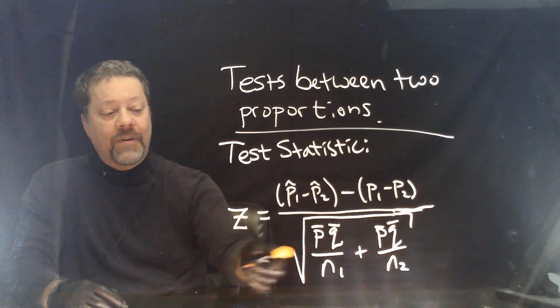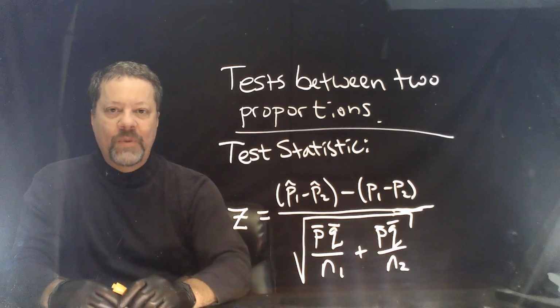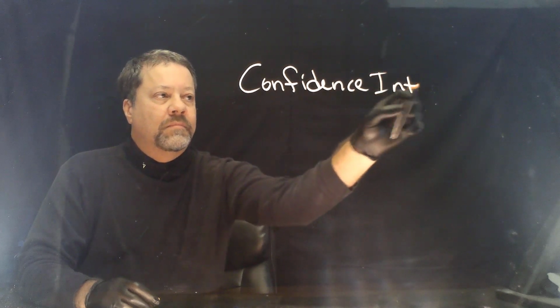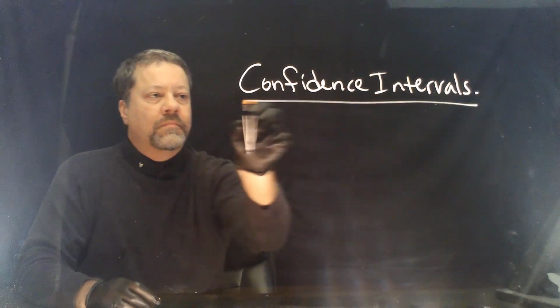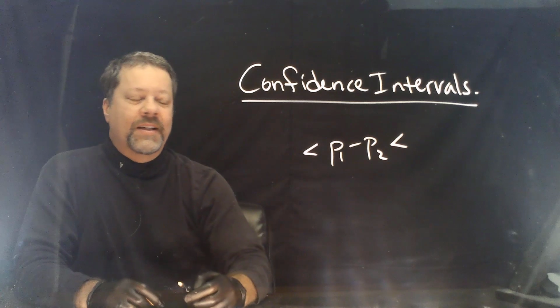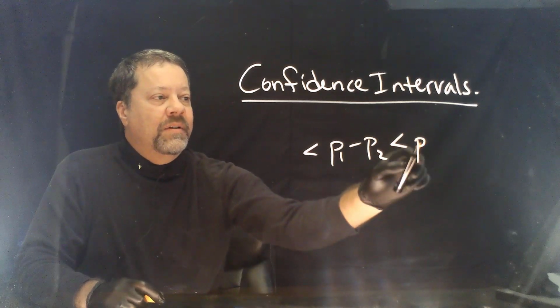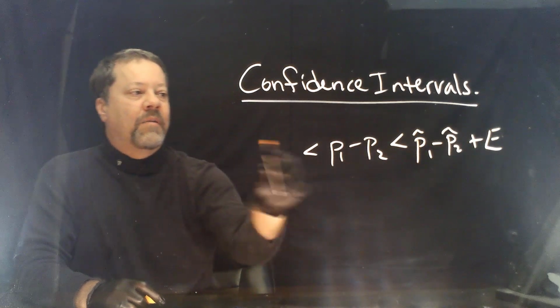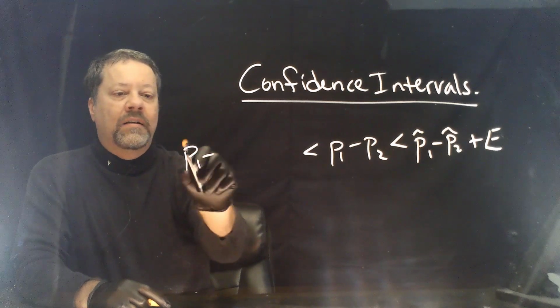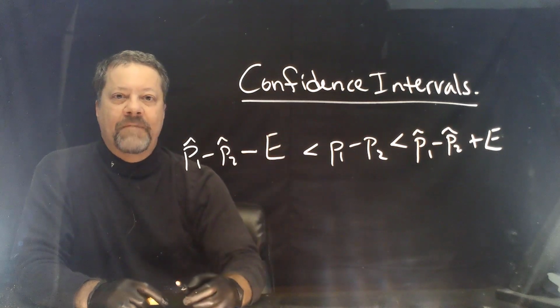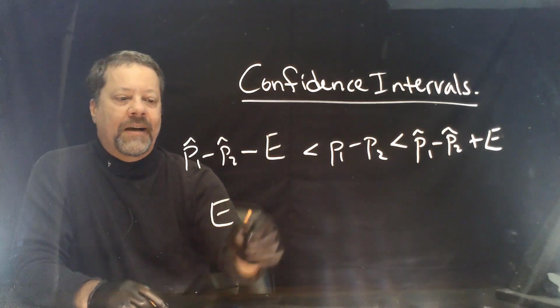We'll use a slightly different formula for this standard error when we calculate confidence intervals. For confidence intervals, we don't know what the difference in the proportions is. The best that we can do is take the sample difference plus some standard error, a margin of error, versus the sample difference minus the margin of error. How is the margin of error calculated?